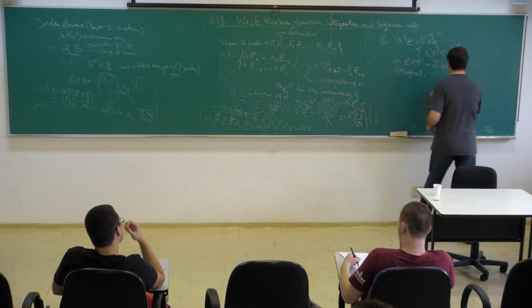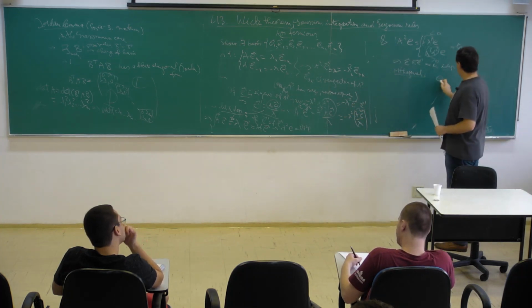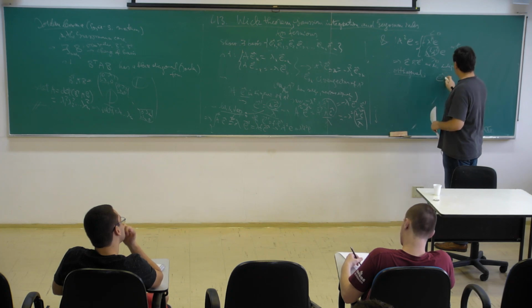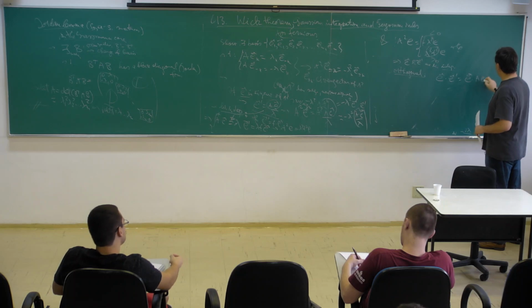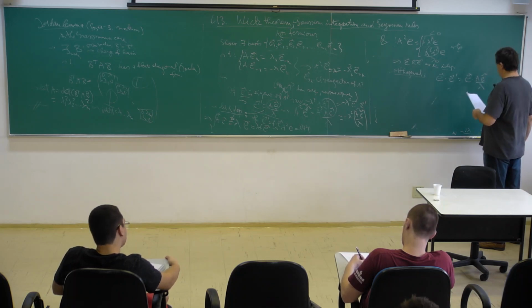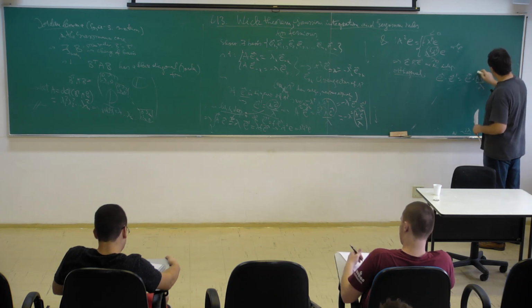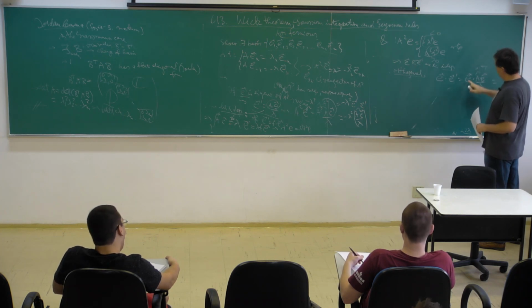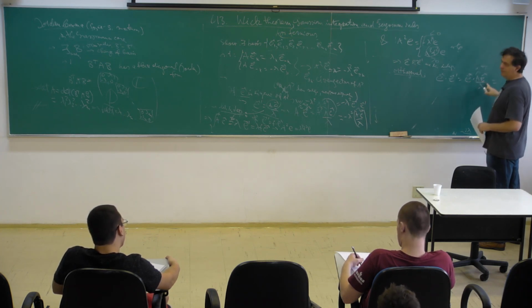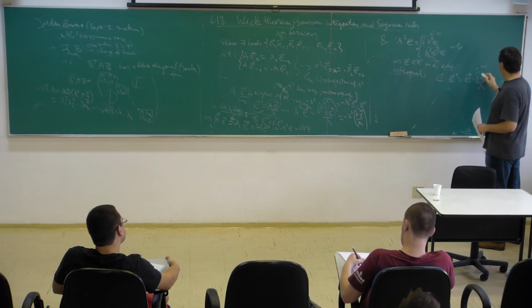And so let's see this. So E dot E prime is E dot A E over lambda. But this is antisymmetric, so this is multiplying E_i, A_ij, E_j, so that's clearly 0, right?